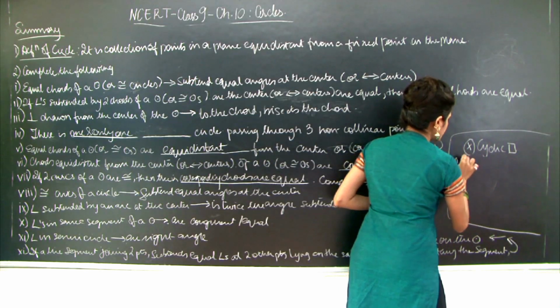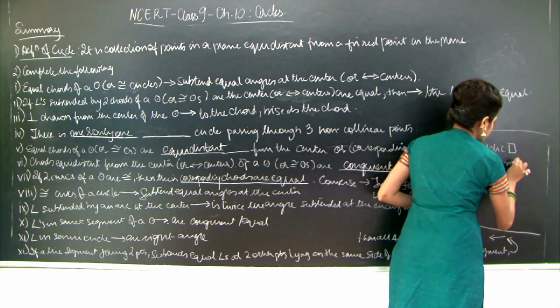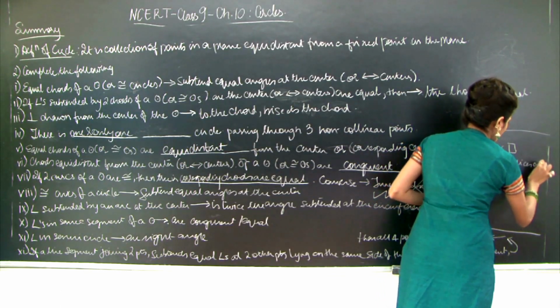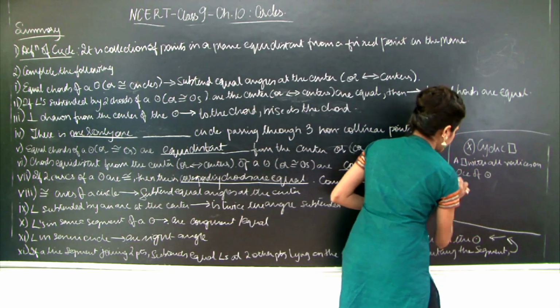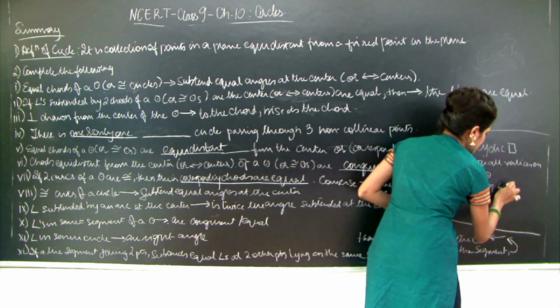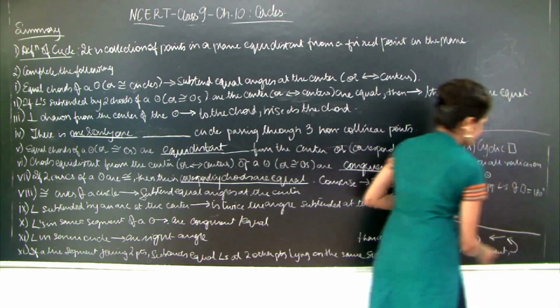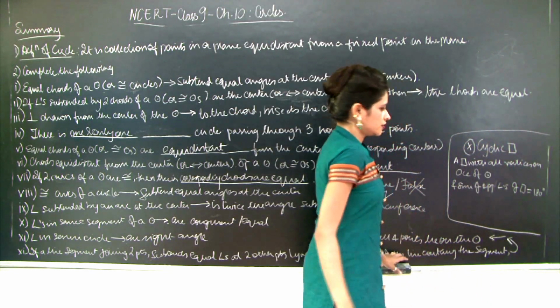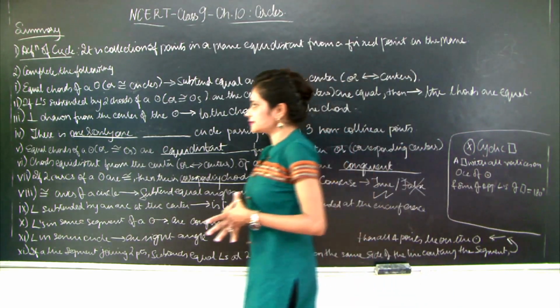A quadrilateral with all vertices on the circumference of a circle and the sum of opposite angles of the quadrilateral is equal to 180 degrees. So this was the summary of your chapter 10, Circles. Please take a look.